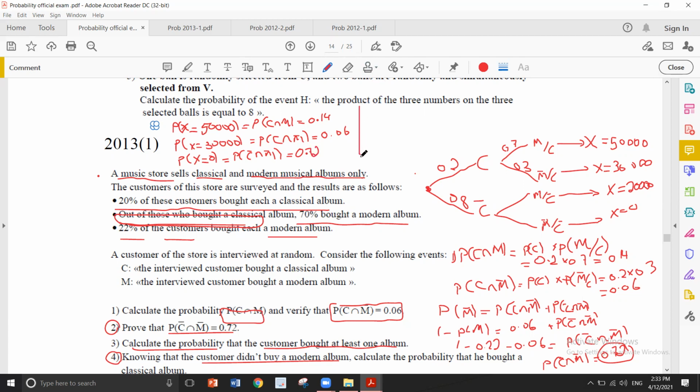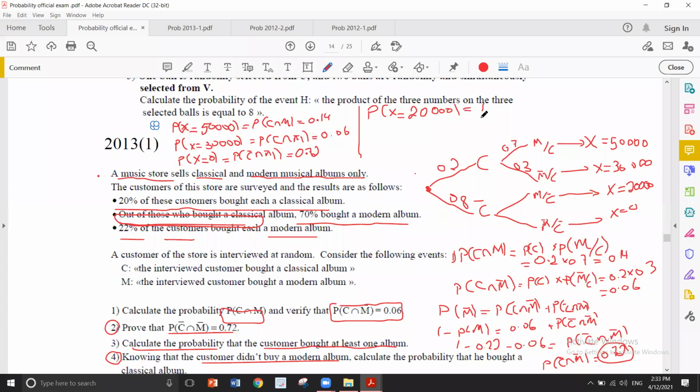Now the probability that X equals 20,000. We can calculate it in two ways.